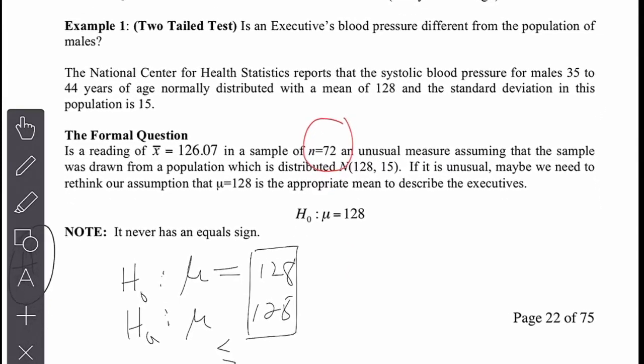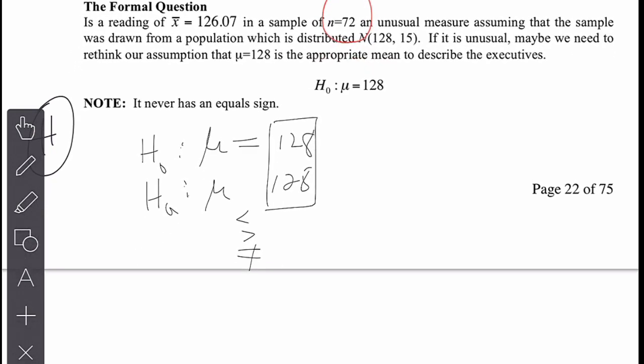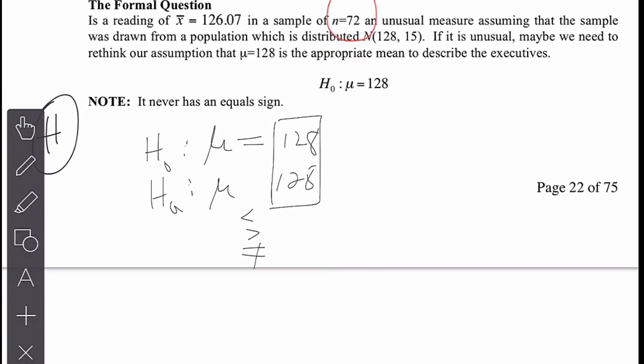Example 1. Is an executive's blood pressure different from the population of males? Different means it could be higher or could be lower. So without a sample to look at, I'm just going to use different. We're going to begin with not equals. Got it?